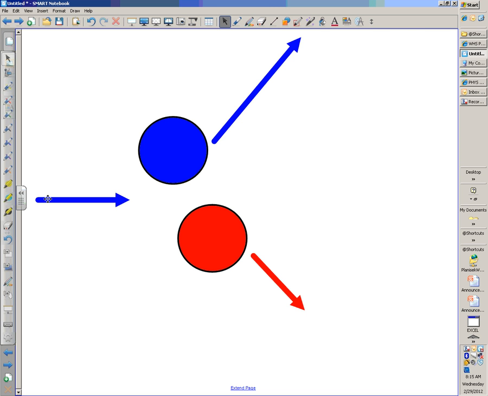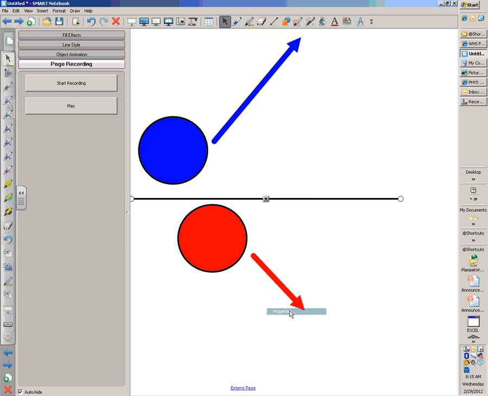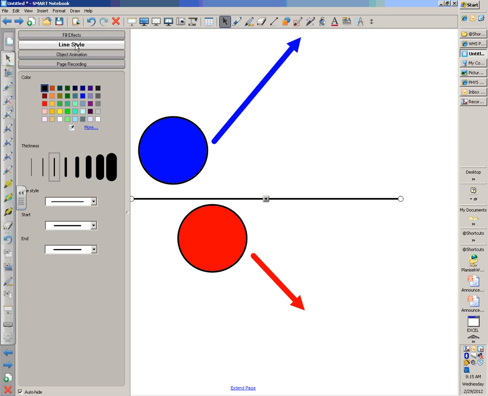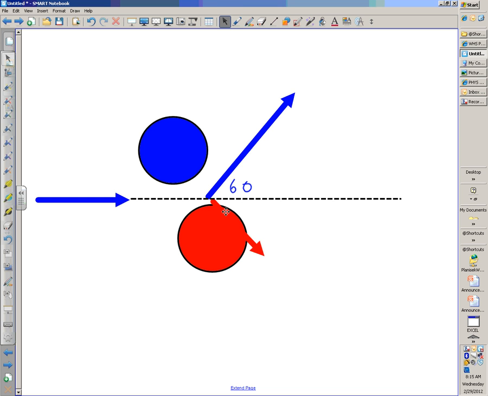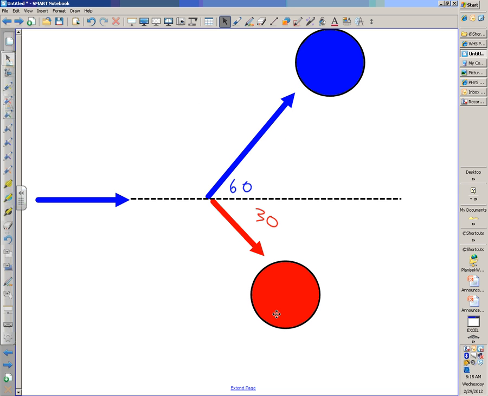Okay, so let's say this was our original direction. Then we could say blue's moving here, and it told us that that was 60, and then red is moving here, and it told us that that was 30. All right. Good so far?